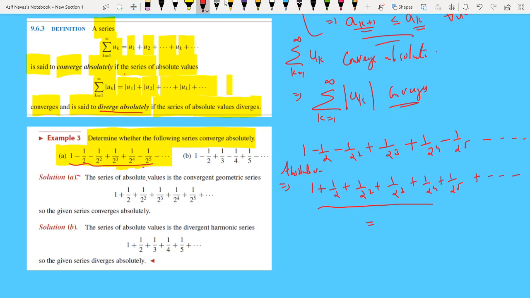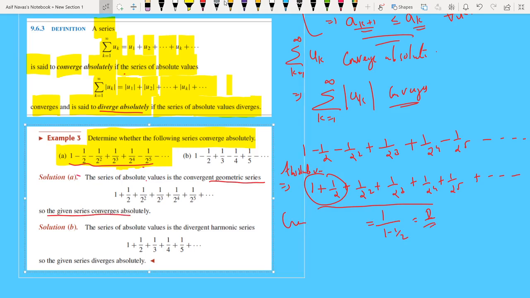Because this is a geometric series, with sum 1 divided by 1 minus 2. So this is a geometric series. Therefore, the given series converges.